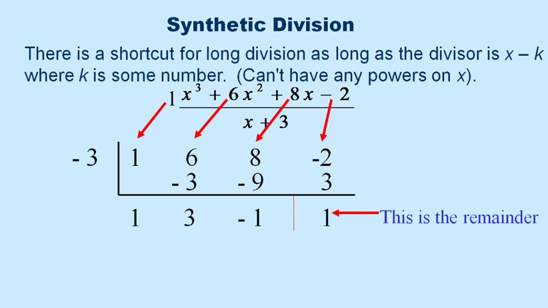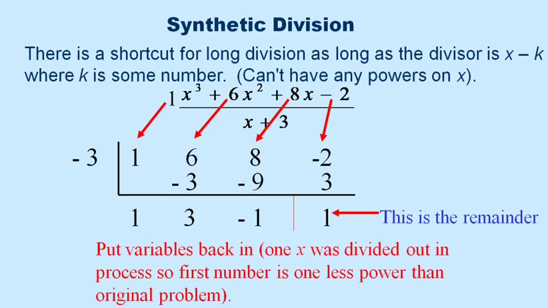The number obtained in the last column is called the remainder. Before the remainder we have three terms, that is 1, 3 and minus 1. These can be merged with the variable given in the polynomial to form the quotient.